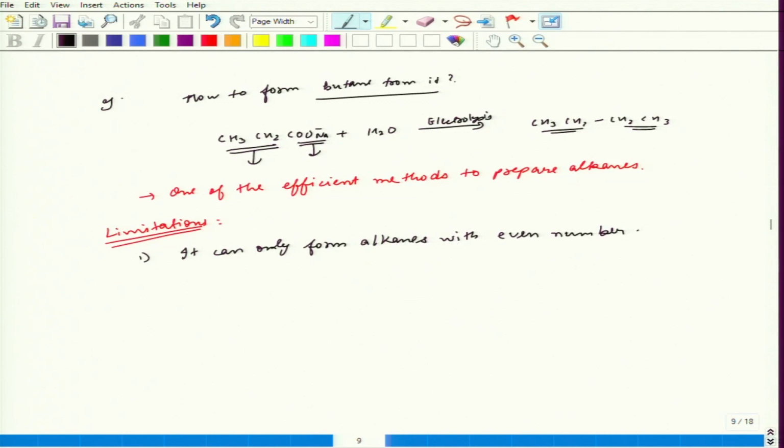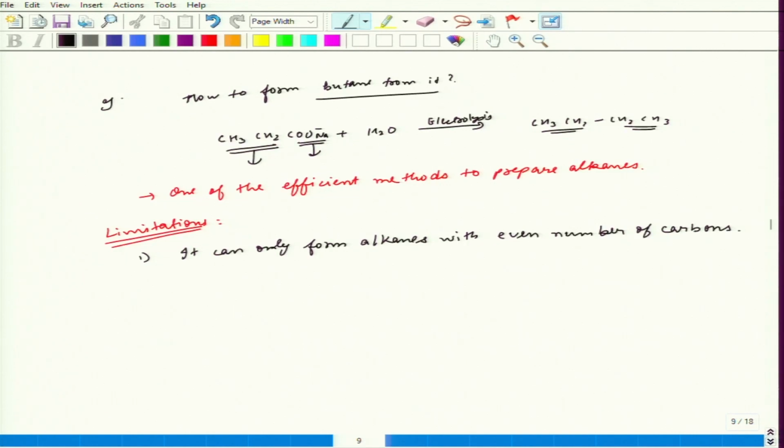So, in the Kolbe electrolytic process, we can form alkanes having an even number of carbon atoms.